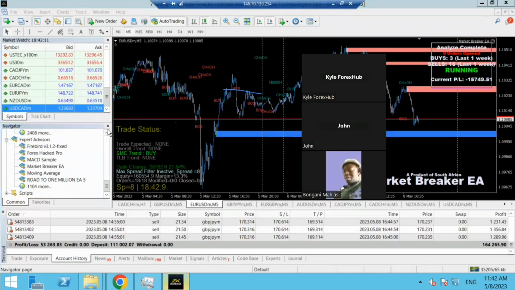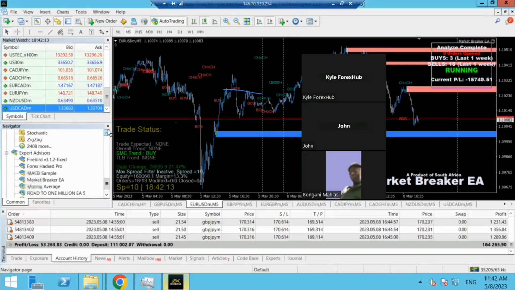Because in order for you guys to see this new setting I'm talking about, I need to have it pasted on the indicator. Okay, so it's not there at all.